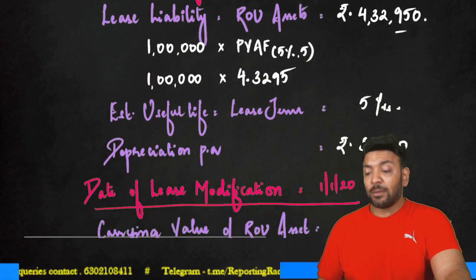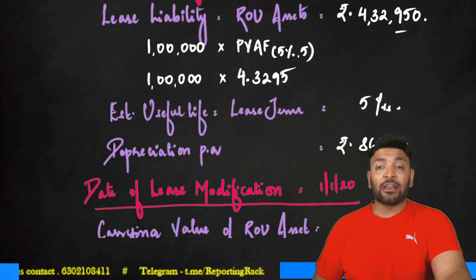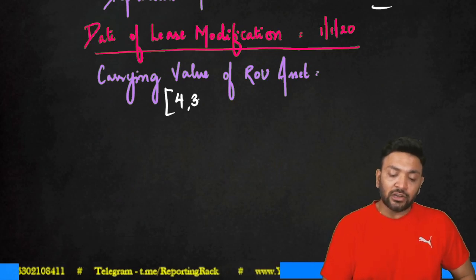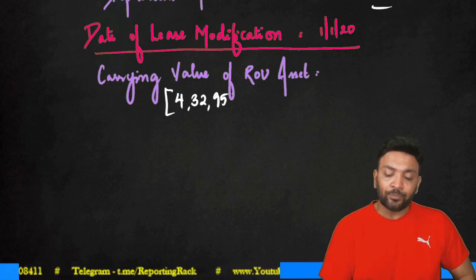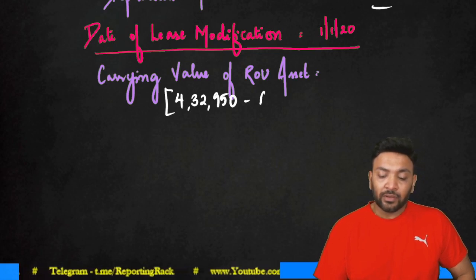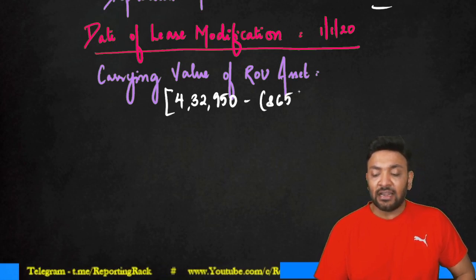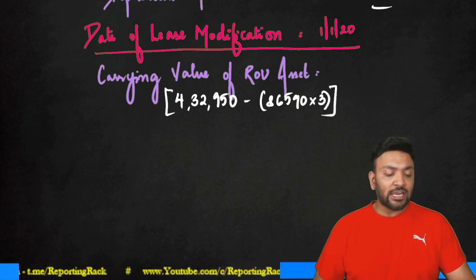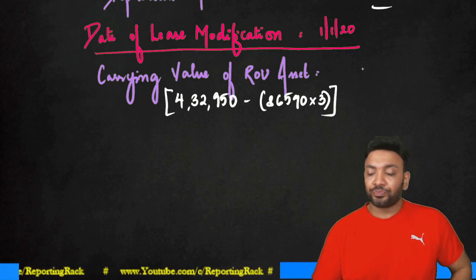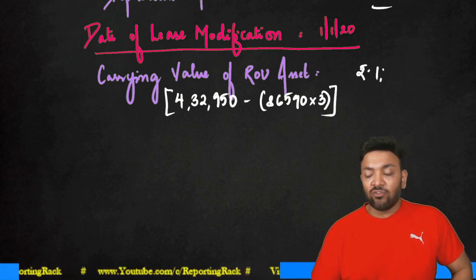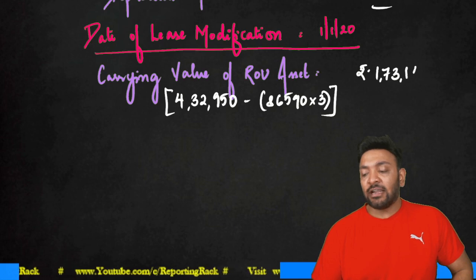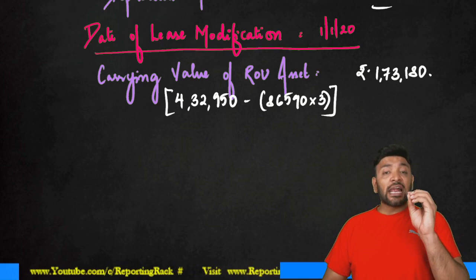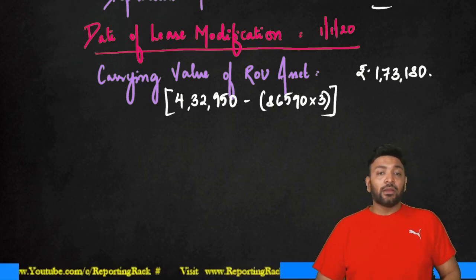You are estimated to depreciate it by 86,950 every year. 4,32,950 minus 86,590 depreciated over 3 years should leave me with an answer of 1,73,180. That is the carrying value of ROU asset on the date of modification of lease.